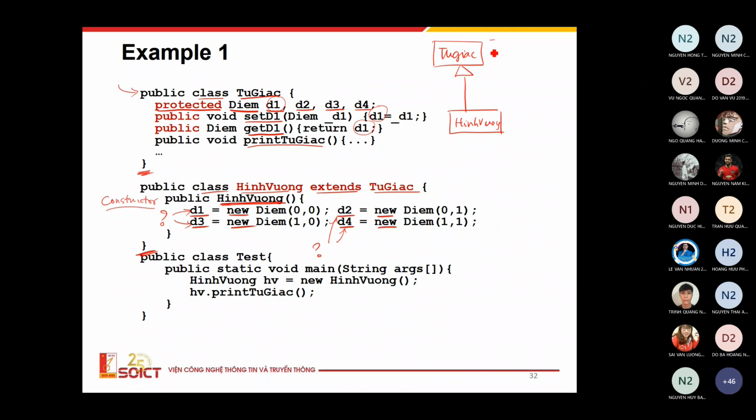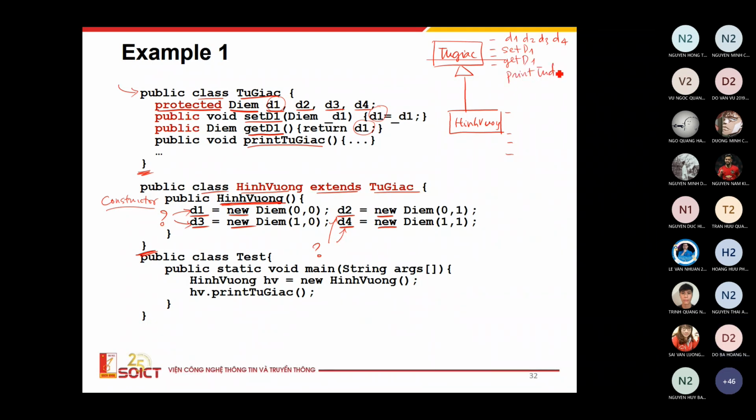Let's count how many attributes and methods you have in this class. For example, in the tứ giác class, you have D1, D2, D3, and D4 as attributes, and set D1, get D1, and print tứ giác.